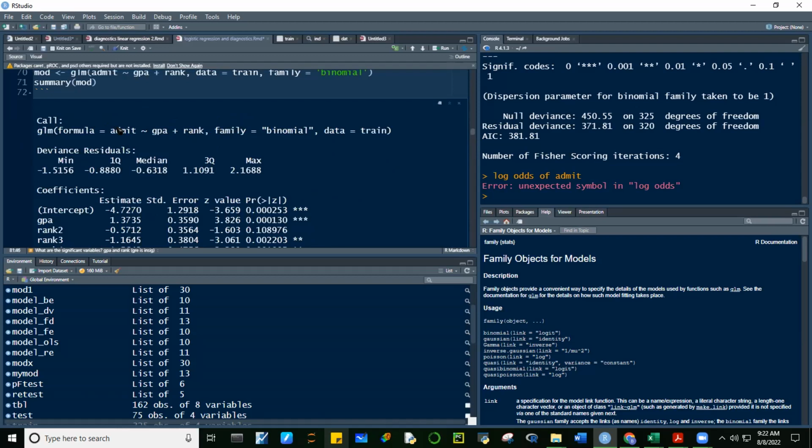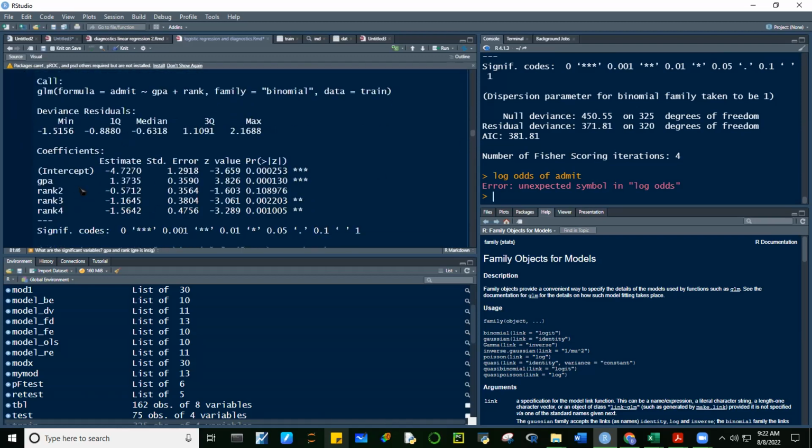Kasi yung admit yung dependent variable, di ba. So that's not the way to interpret this. Medyo iba yung interpretation niya. Hindi yung ganung for every 1 unit increase in GPA, there's a corresponding 1.3735 units increase in admit.